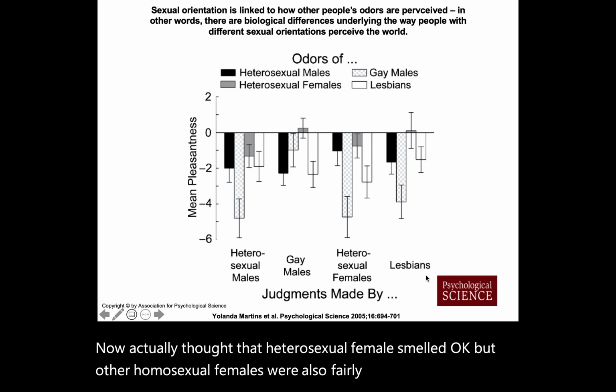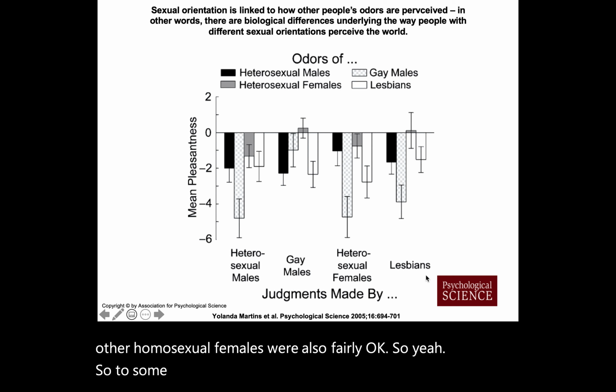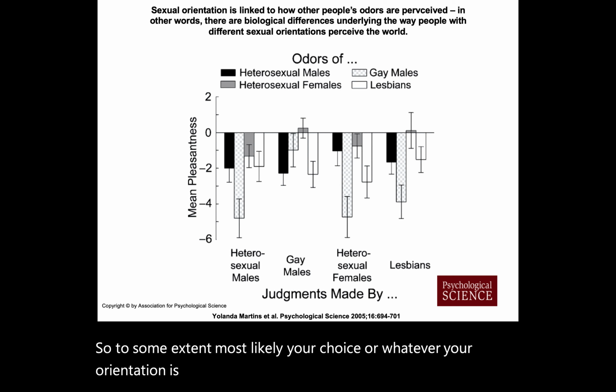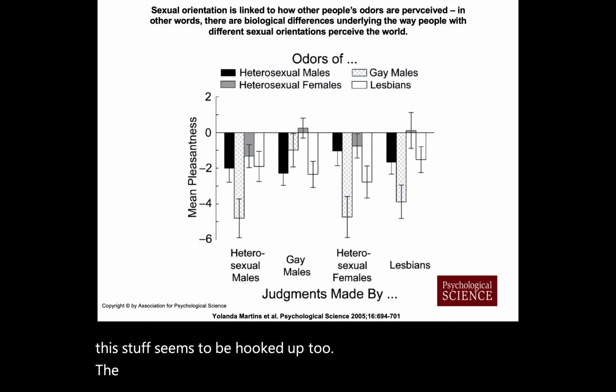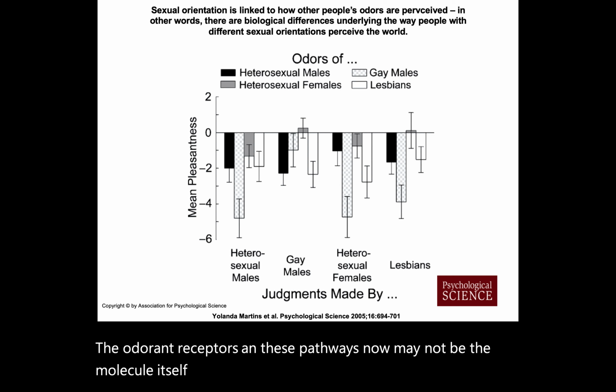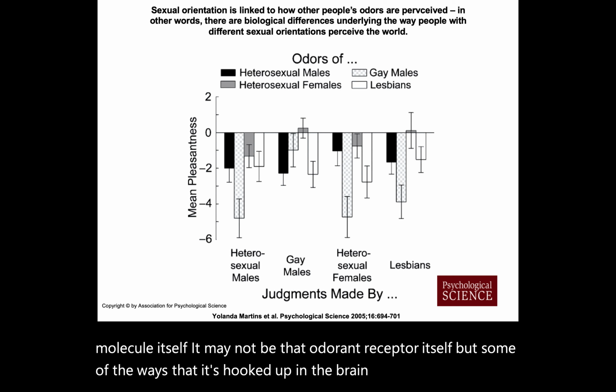So to some extent, most likely, your orientation is probably hooked up to other stuff in your brain. And this stuff seems to be hooked up to the odorant receptors and these pathways. Now, it may not be the molecule itself. It may not be that odorant receptor itself, but some of the ways that it's hooked up in the brain and all the other things going on around it.